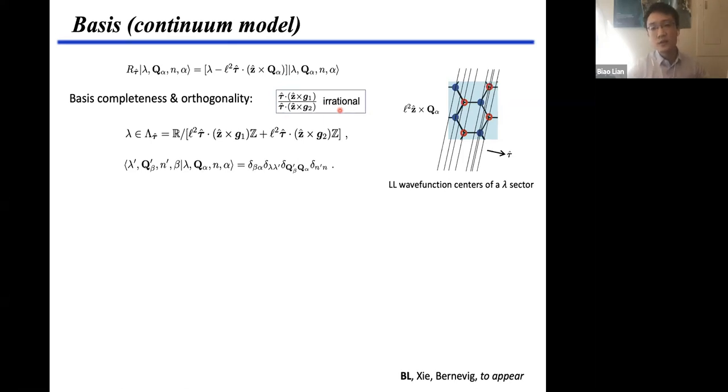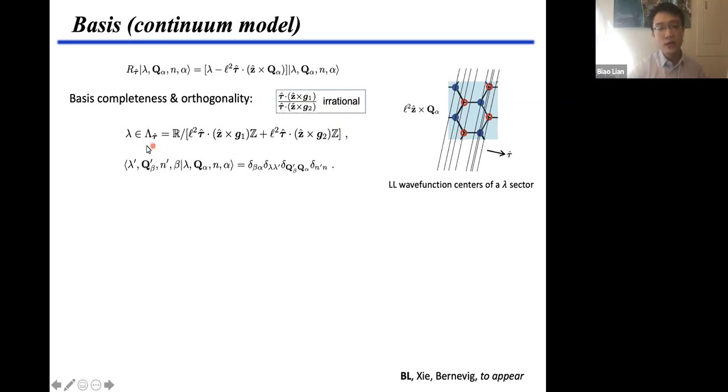This is because for fixed lambda, your R tau eigenvalues take all the values given by all kinds of q's. If there are two eigenvalues differing by some expression given by a certain reciprocal site q, the two lambdas should be identified. And in order to avoid an overcomplete basis, one needs to assume that this number is irrational.